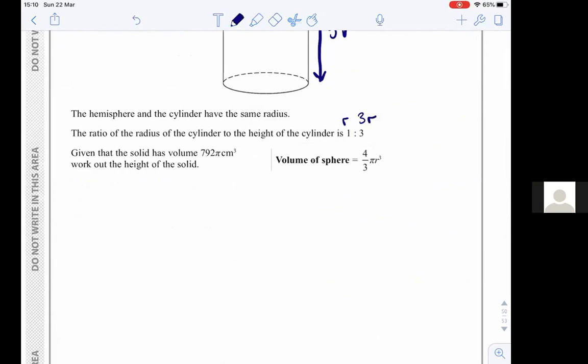So if that is the volume of a sphere, a hemisphere, or half a sphere, is going to be a half times this. Okay, or we can see that actually the 2 and the 4 can cancel here to give you 2/3 pi r cubed. So that's going to be the volume of the hemisphere.